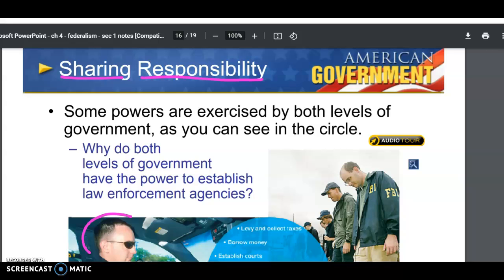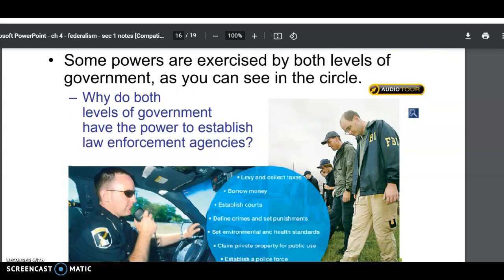Here is a local police officer who's with a local sheriff's department or police department. And here you have somebody in the FBI. What does the F in the FBI stand for? It stands for federal. Federal Bureau of Investigation. So the federal police and the state and local police work together. That's an example of sharing responsibility and working together.